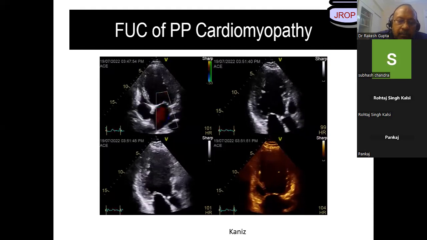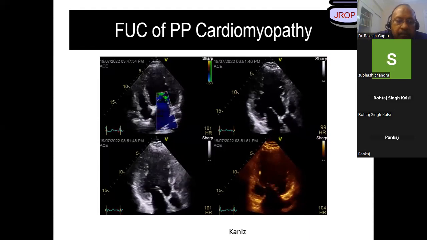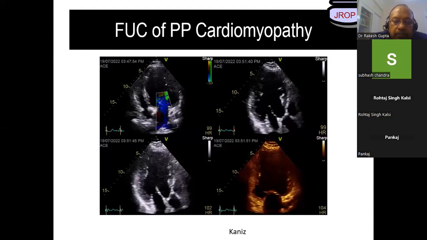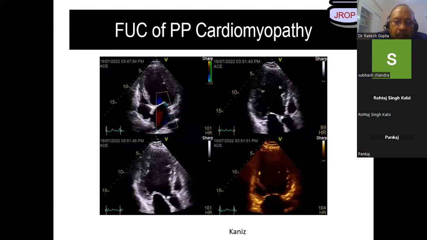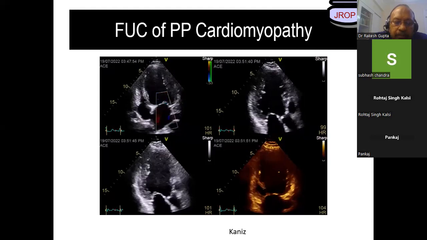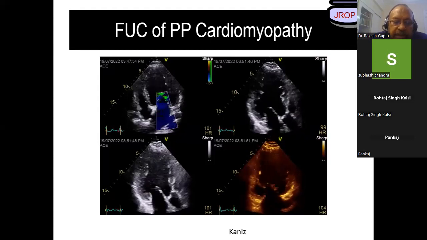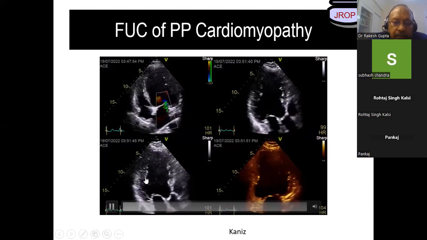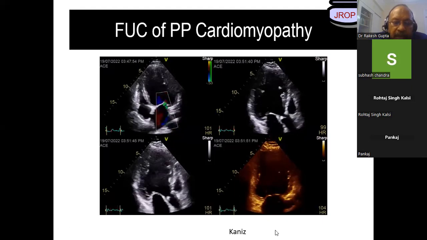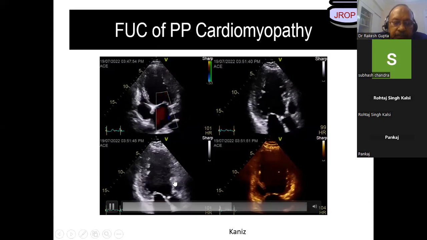And this is the anterior septal wall. This is anterior septum? No, sir, the other one. The other one is anterior septum. Okay.